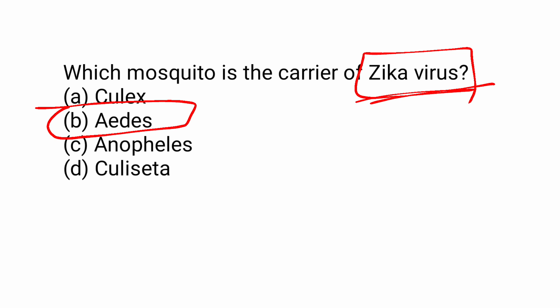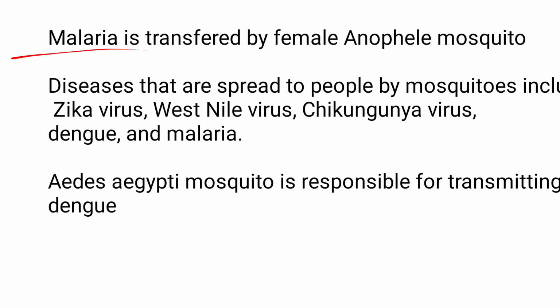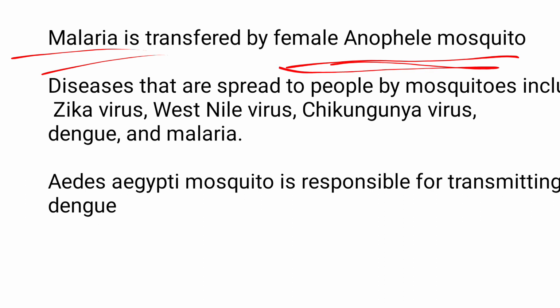Now we can see question after the question. That means we will form the questions from the options given below. Malaria. See, malaria is transferred by female Anopheles mosquito. Do remember, these are one of the important questions from the biology section. Malaria is transferred by female Anopheles mosquito.